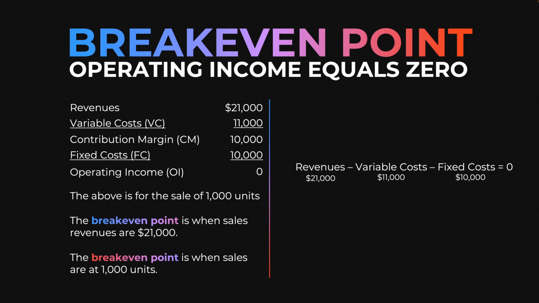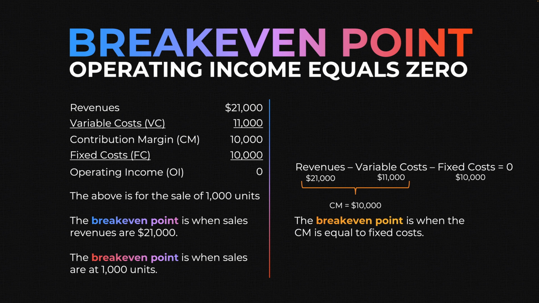If we take a look at revenues, subtract variable costs, this gives us a contribution margin of $10,000. Notice that the fixed costs are also $10,000. This is the interesting thing to me. The break-even point is when the contribution margin is equal to fixed costs.